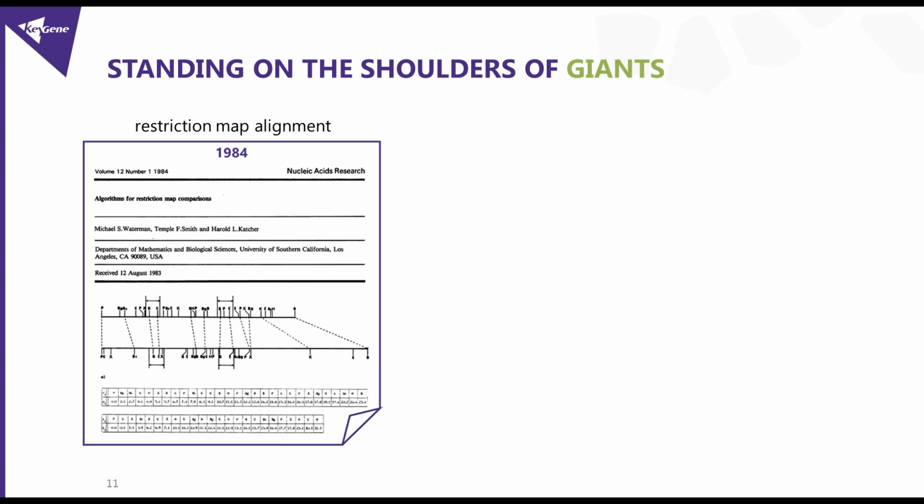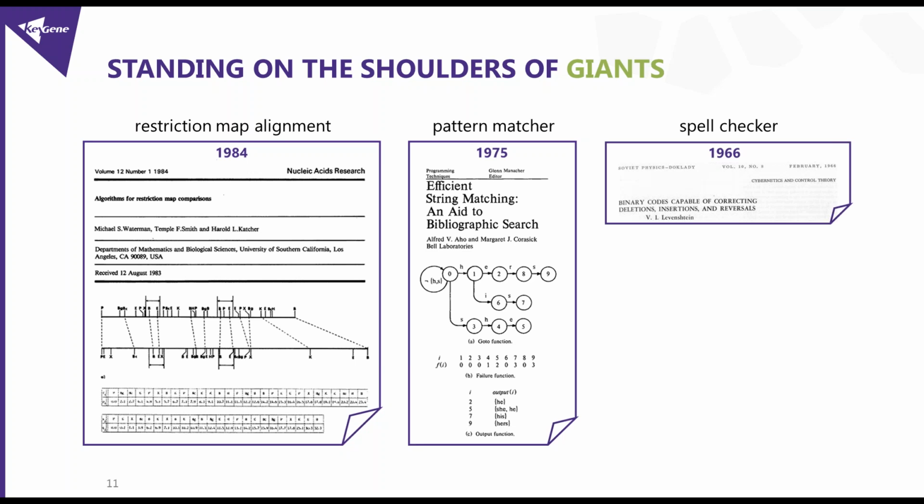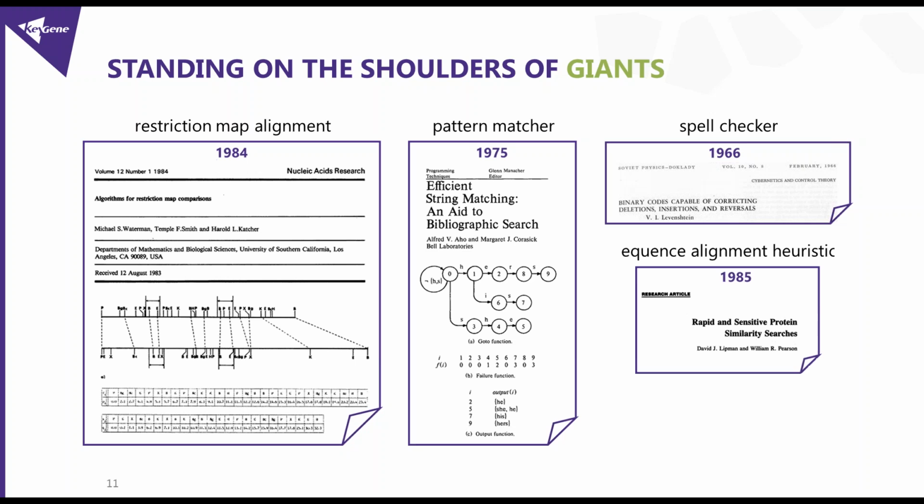So, of course, we did not invent all of this by ourselves. I mean, restriction map alignment has been around already in the 80s, in the landmark paper from Waterman, Smith, and Ketcher. Also, finding motifs in a sequence is basically the same as finding words in the text. And this is also something that has been done already for almost 50 years. Comparing these short sequence tags is a similar problem to a spell checker, where you just need to find a small number of differences between short words.